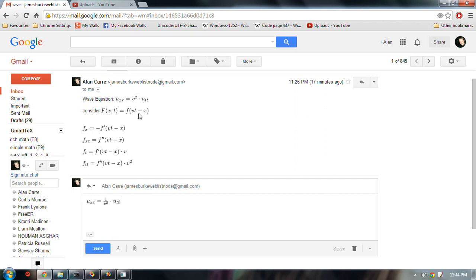Well, it would increase, and we would see this thing changing, unless we moved along in the positive direction at a speed v, units of distance per unit time. That is the speed of this thing.